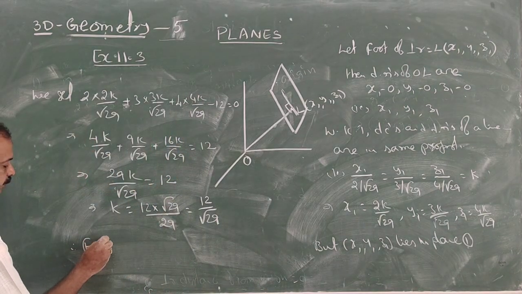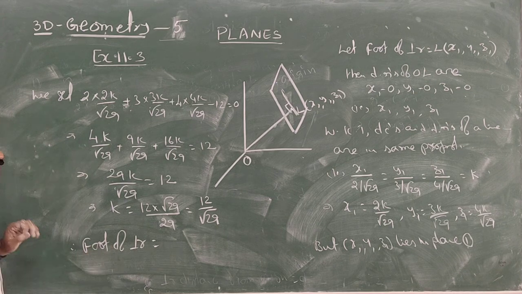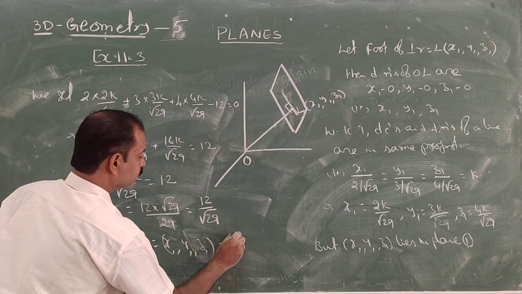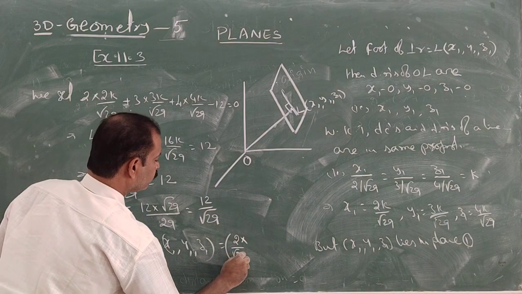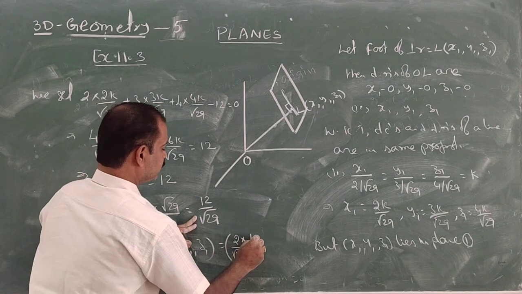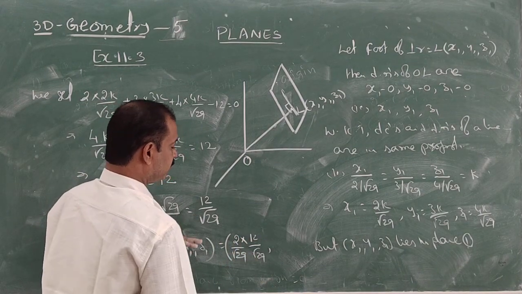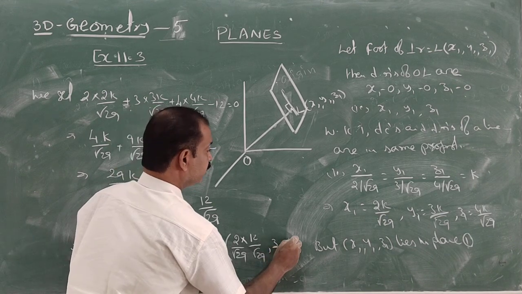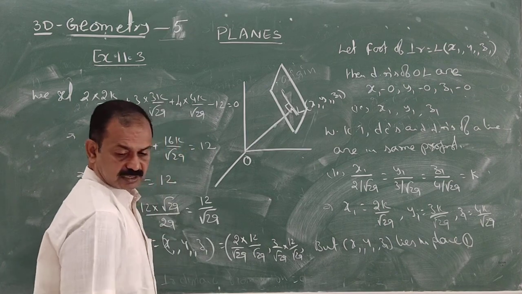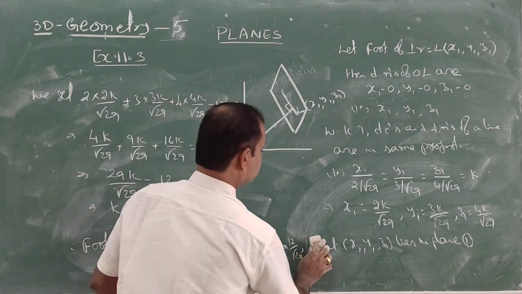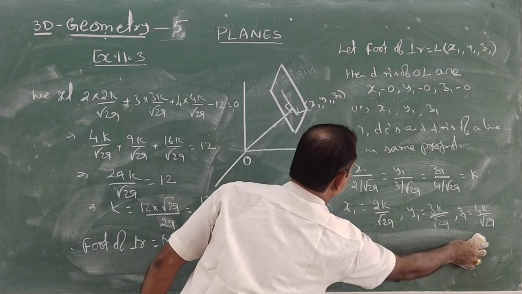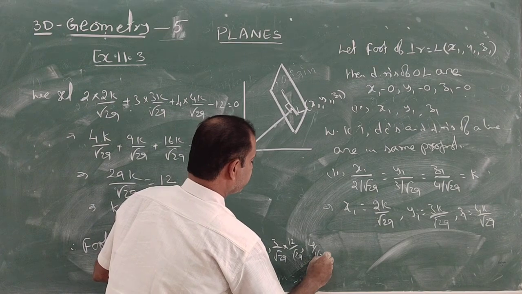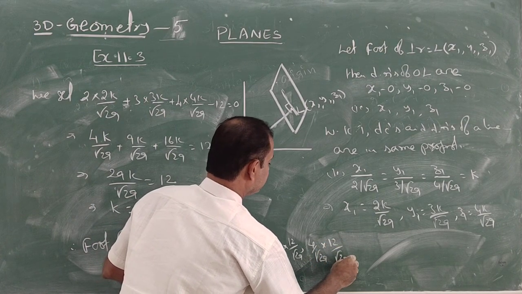Therefore, the foot of the perpendicular is x1, y1, z1, which is equal to: x1 value is 2 by root 29 into k, k value is 12 by root 29; y1 value is 3 by root 29, k value is 12 by root 29; z1 is 4 by root 29 into k is 12 by root 29.